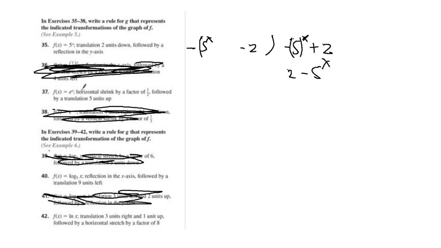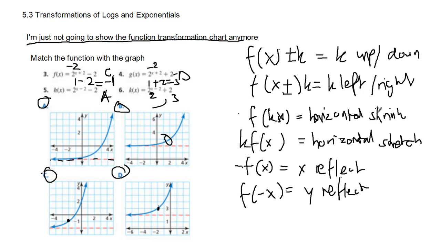They're both valid. f of x equals e to the x, horizontal shrink by a factor of 1/2. Since it's a horizontal shrink by 1/2, you put 2 inside the function because the horizontal, no. This is a vertical stretch. I'm sorry. Vertical stretch. See? This horizontal shrink, it's in the function.